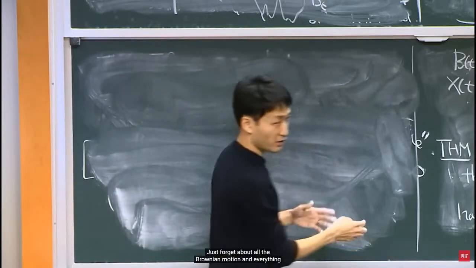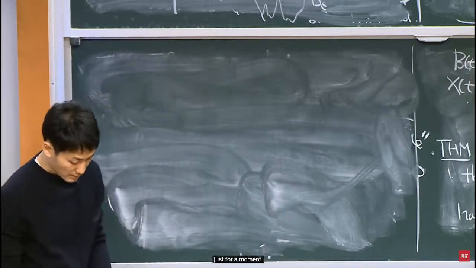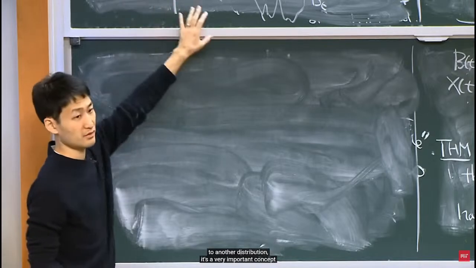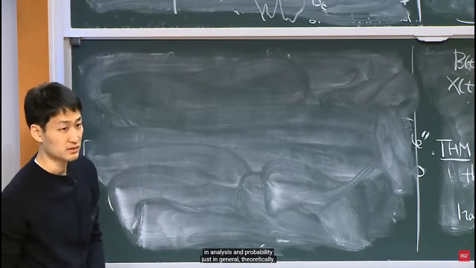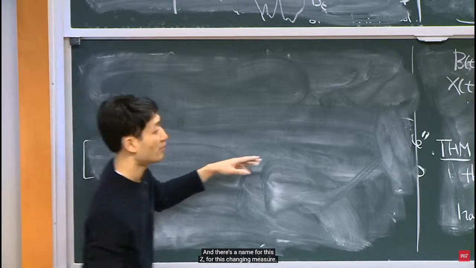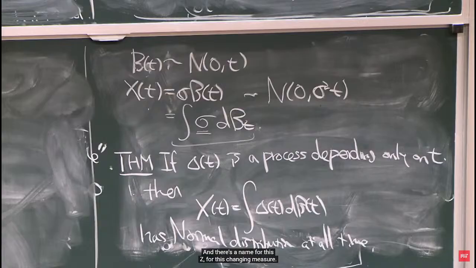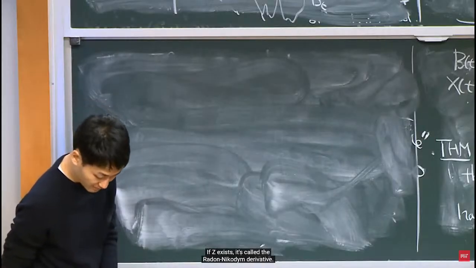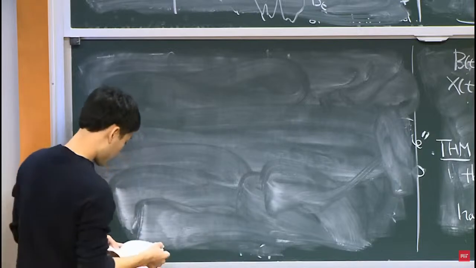Just forget about all the Brownian motion and everything, just for a moment. This concept, changing from one probability distribution to another distribution, is a very important concept in analysis and probability in general, theoretically. And there is a name for this Z, for this changing measure. If Z exists, it's called the Radon-Nikodym derivative.